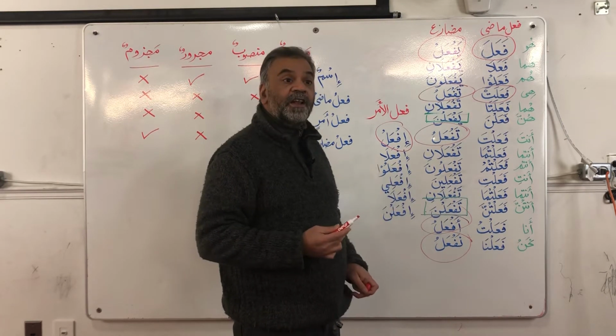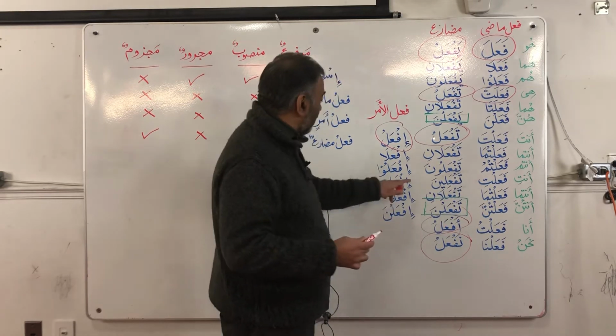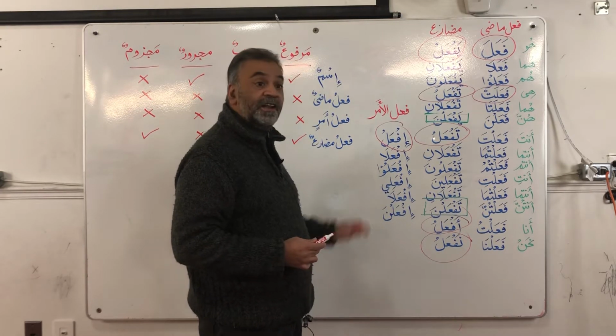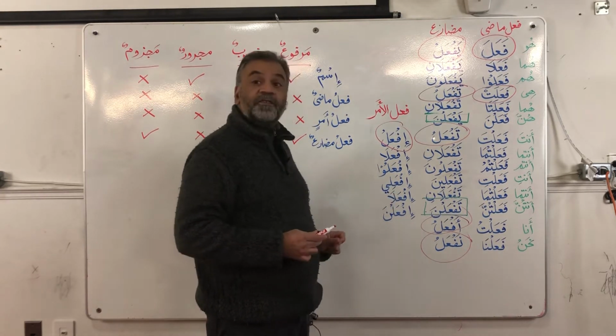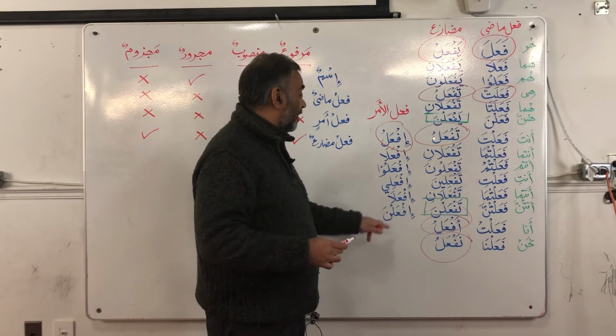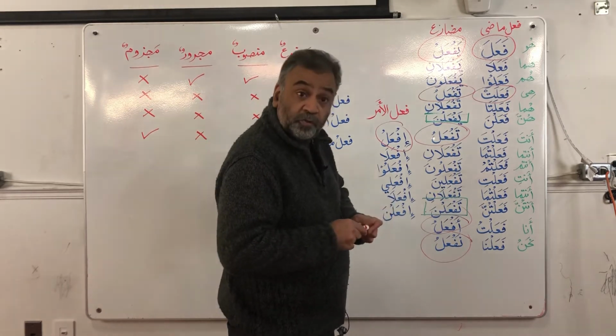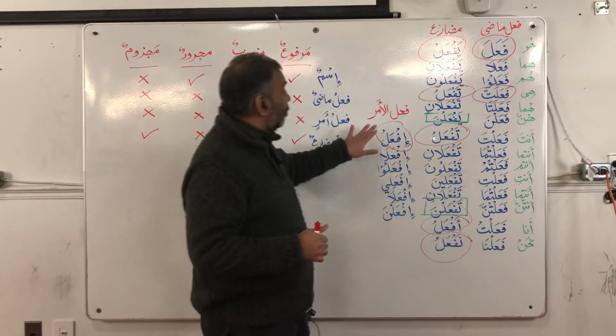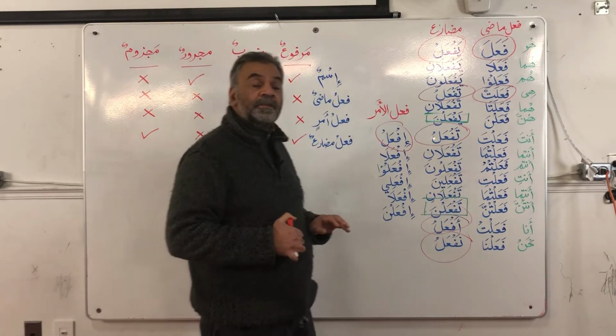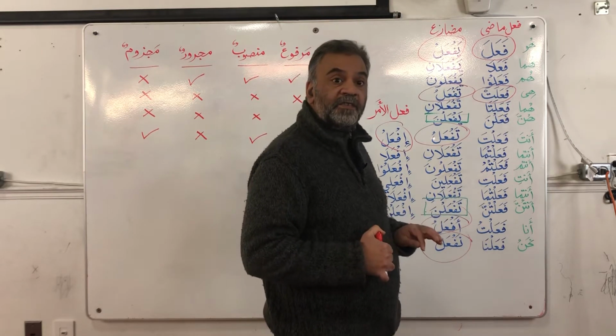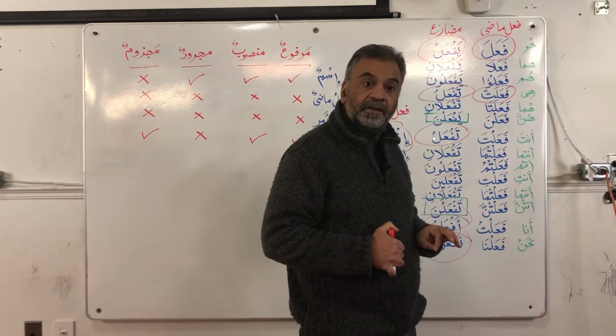If'alu, where is the fail? Wow, mawjood. If'ali, where is the fail? Ya. If'ala, where is the fail? Alif. If'alna, where is the fail? Noon is the fail. So when it comes to the amr, only the anta form, the fail is mustatir, right?